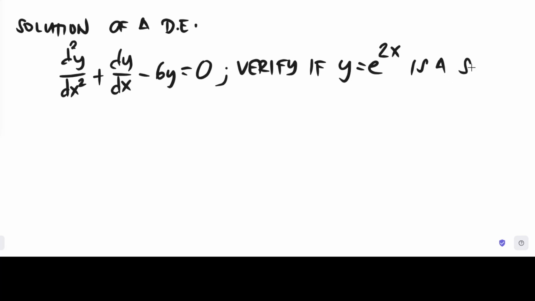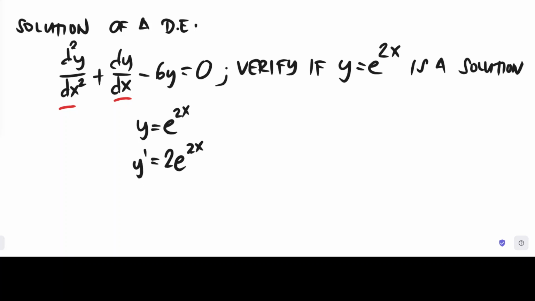We will substitute this into our differential equation, but our differential equation has the first derivative and the second derivative as well. So let's get the first derivative and the second derivative of y is equal to e raised to 2x so that we can substitute them. The first derivative will be equal to 2e raised to 2x.